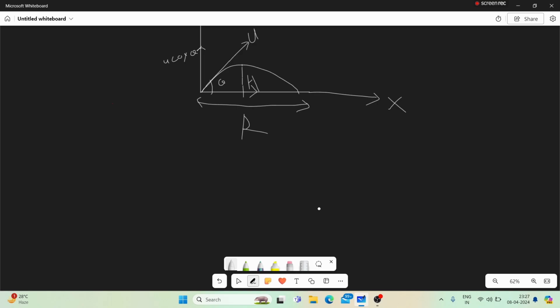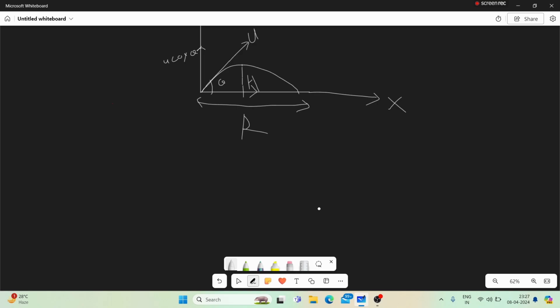So hello everyone. Today I am going to discuss projectile motion. First of all, I want to discuss what projectile motion is. It is simply two-dimensional motion under constant acceleration. So what is the condition for motion to be a projectile?